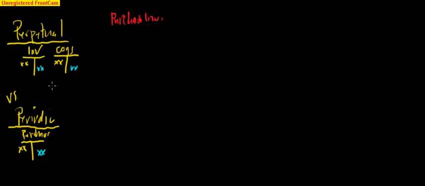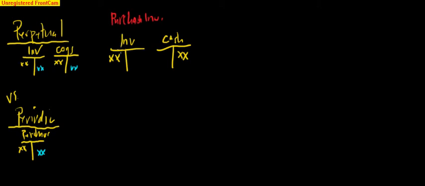In a perpetual system, the purchase would record as a debit to inventory because inventory goes up. So I'm going to show some T accounts. Inventory is going to have a debit. And what are we going to credit? Let's say we pay cash. We're going to credit cash. Notice that the inventory account has a posting to it.